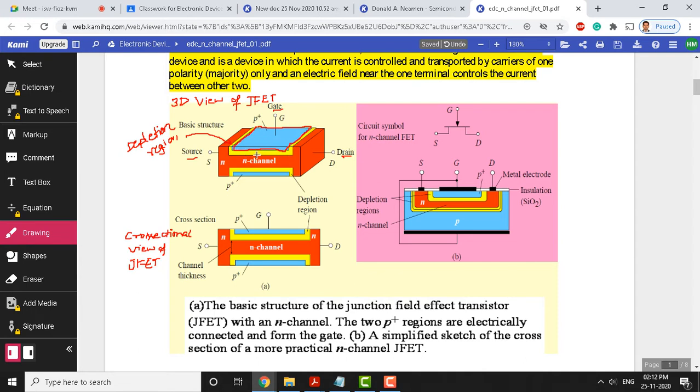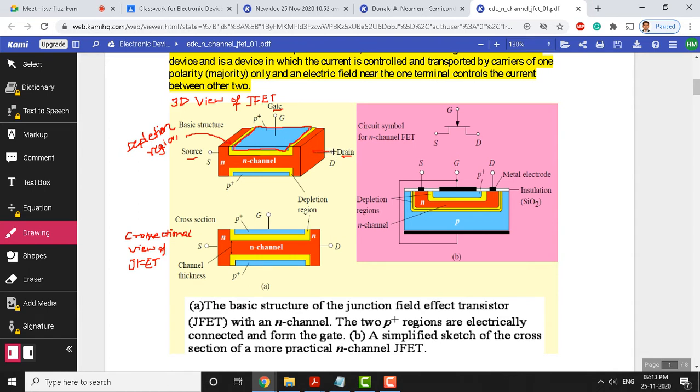And the same thing you can see at the bottom of this JFET. So there is a gate which is of P plus, and there is a depletion region here and N channel here. Okay, so the different terminals are attached to this. There is a drain terminal which is attached to one end of this channel.